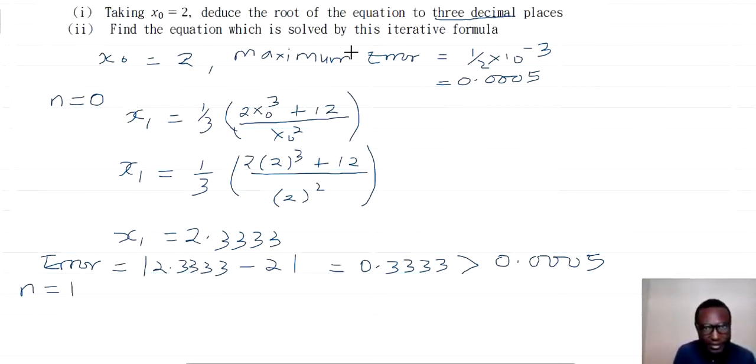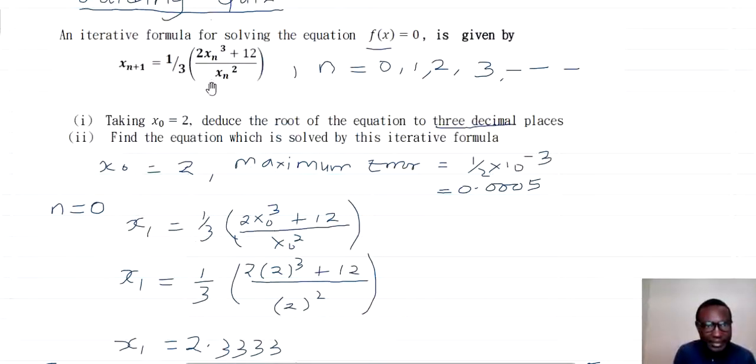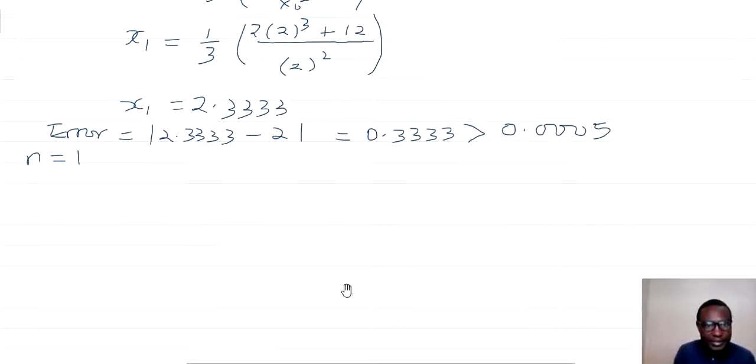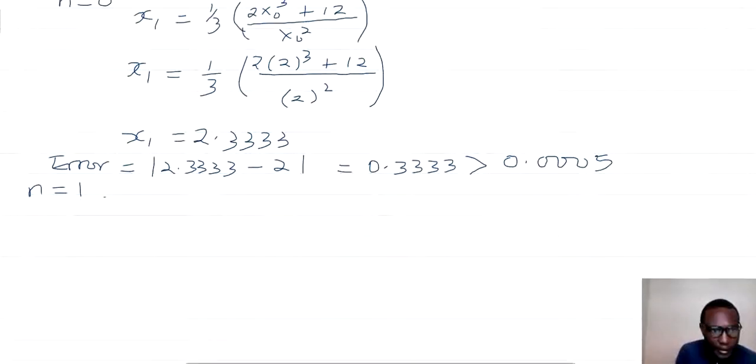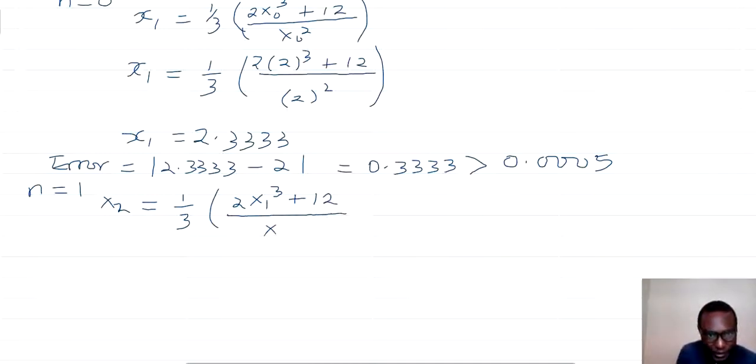We started with 0. So when n is equal to 1, we substitute in the iteration formula here. So when n is 1, we shall have x2 being equal to a third into bracket 2x1 power 3 plus 12 divided by x1 power 2. Then we have x1.